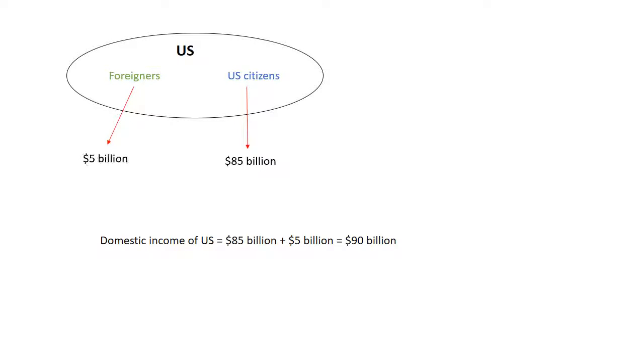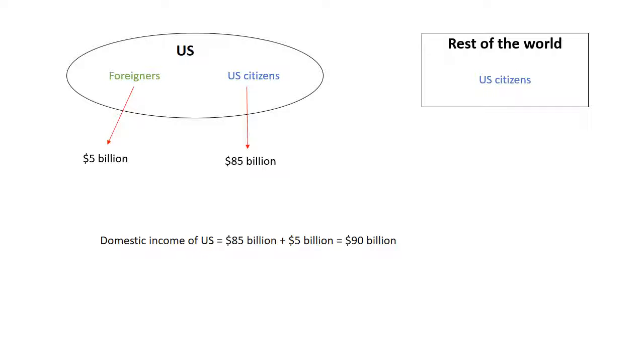Foreigners, on the other hand, earn about $5 billion as income living and working in the US. Then we have rest of the world, other countries in the world where you might have some US citizens who work in other countries, and they make about $10 billion a year.